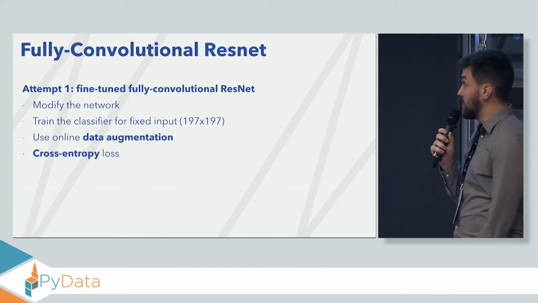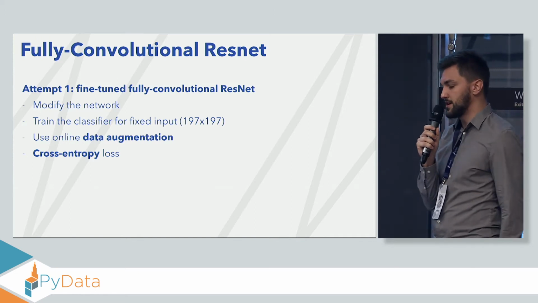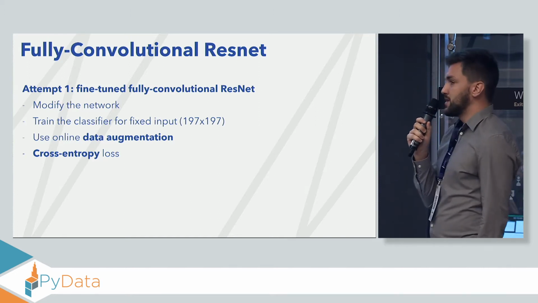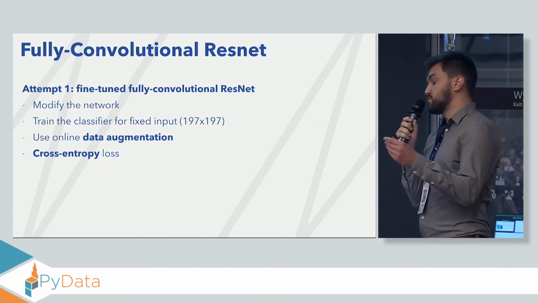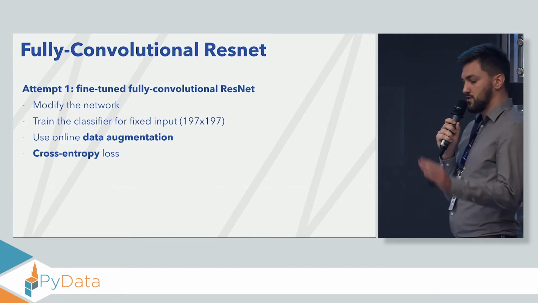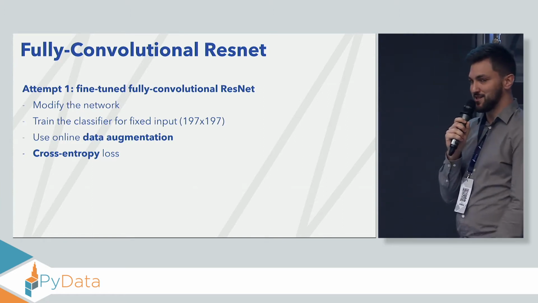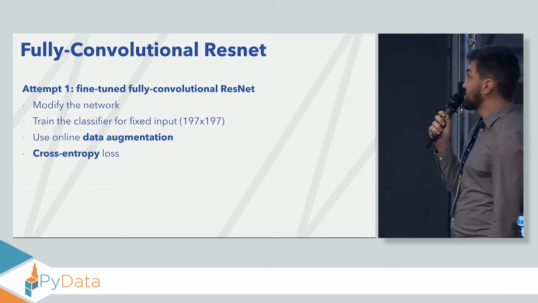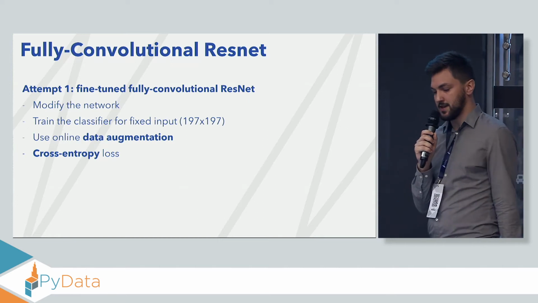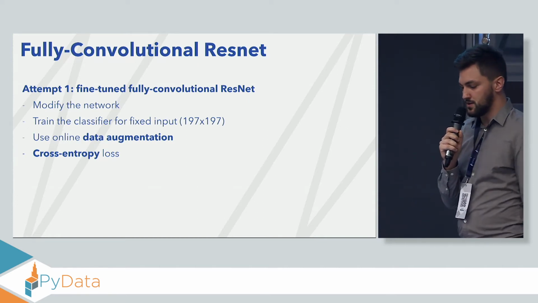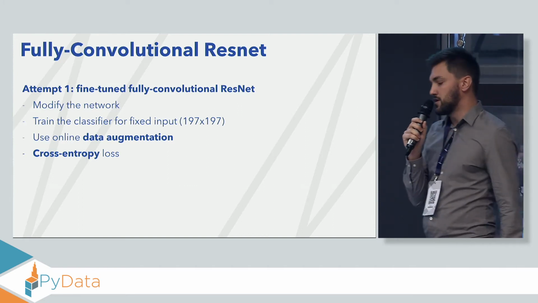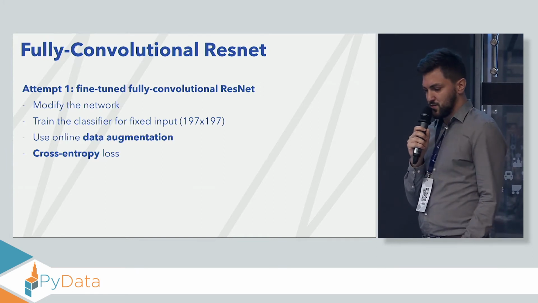Okay, so our first attempt was to use exactly what I just said, just use the fully convolutional neural network. Because we didn't have a lot of data, of course, we started with fine-tuning a neural network that was trained on ImageNet. We chose the ResNet architecture, modified it to use only convolutions, so it's fully convolutional, as I said, trained it on the fixed input, used data augmentation, minimized cross-entropy loss as our objective function, and we got this.